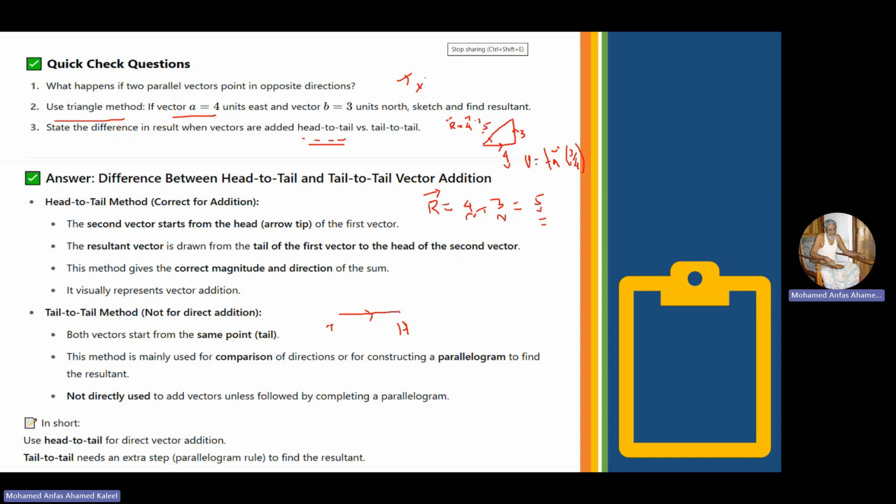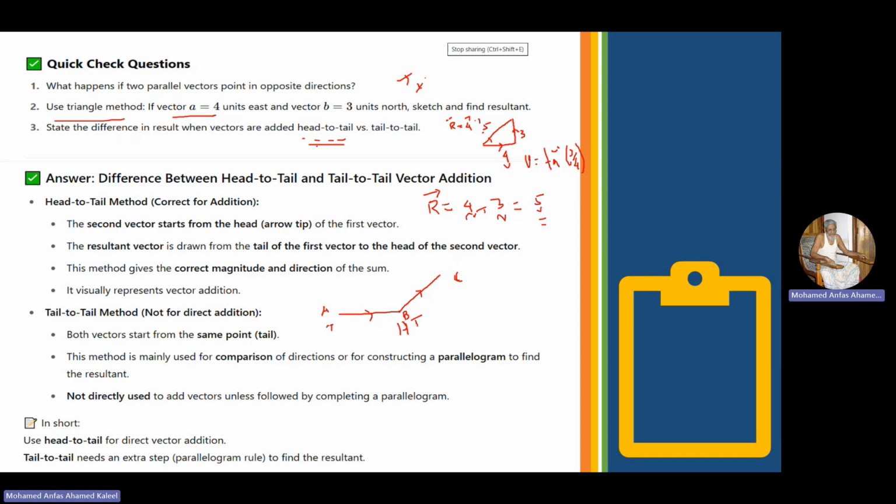The tail of the next vector should continue from the head of this vector. The head of the AB vector is connected with the tail of the BC vector.